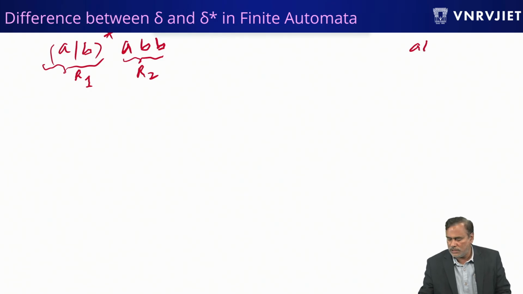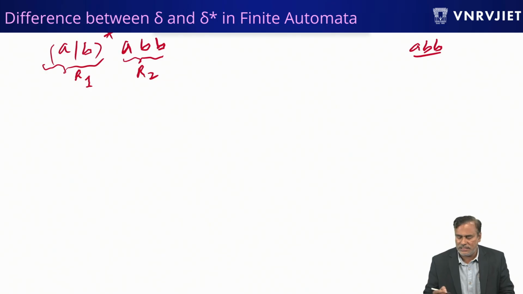Then the string you are going to get is ABB. Every string must end with ABB, because for this ABB you don't have a star. That is the compulsory part.